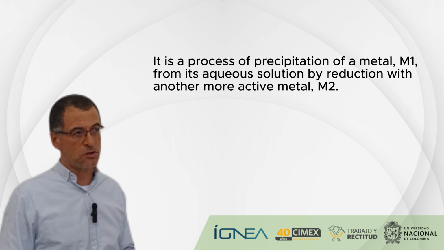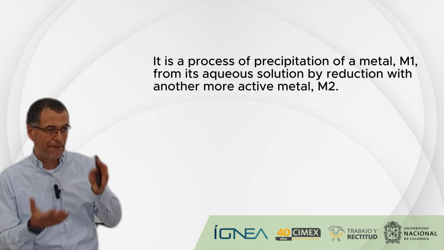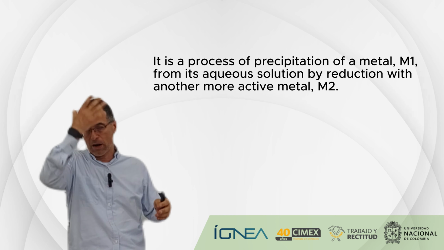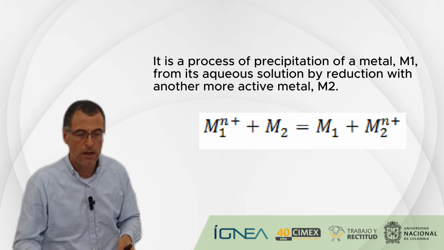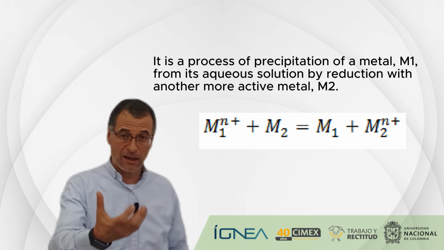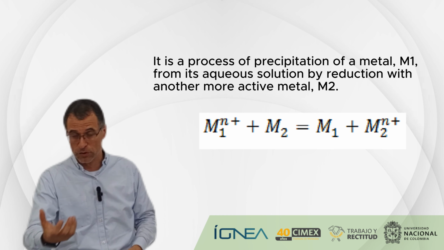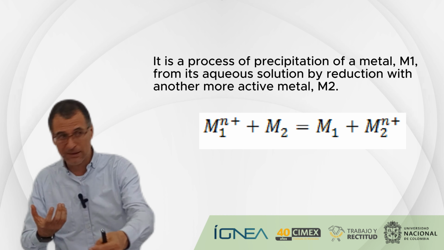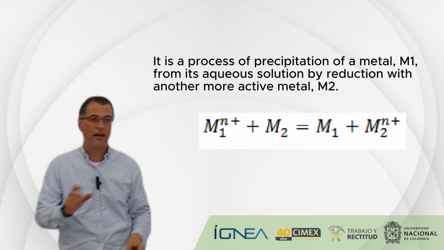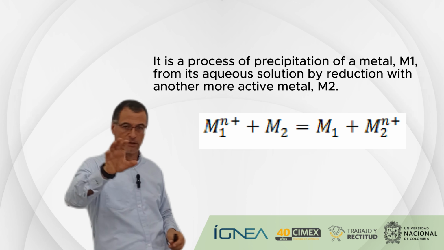Cementation is a process where you have your mineral of interest, metal number 1 for instance, in solution, and you use another metal, metal number 2, in order to make an interchange of electrons. Metal number 1 is your interest.